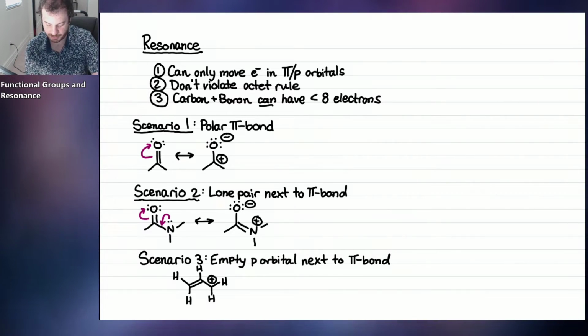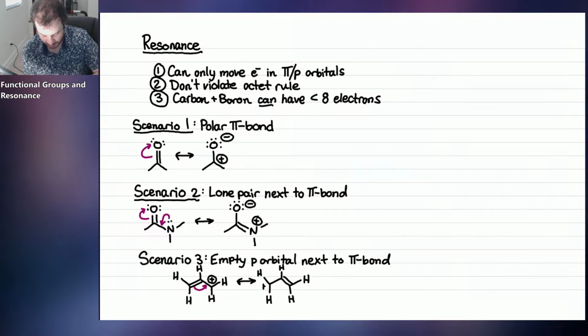So what we can do is then move the pi bond into that empty p orbital, just like this. And if we do that, we'll move the pi bond over to the right. I'll draw in all the hydrogens again. And since we moved electrons away from the left side of the molecule, that is going to leave a deficiency of electrons on the left side, and so we're going to have a positive charge on the left now. Notice that charge should always be conserved.